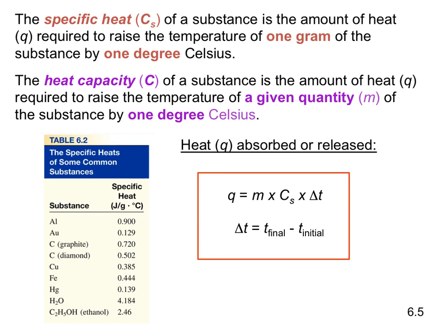Notice aluminum requires 0.9 joules of energy in order to raise 1 gram of aluminum's temperature by 1 degree C. If you look at water, it also has a very high specific heat capacity, actually the highest of the bunch. So it requires slightly over 4 times the amount of joules of energy to raise its temperature by 1 degree C.